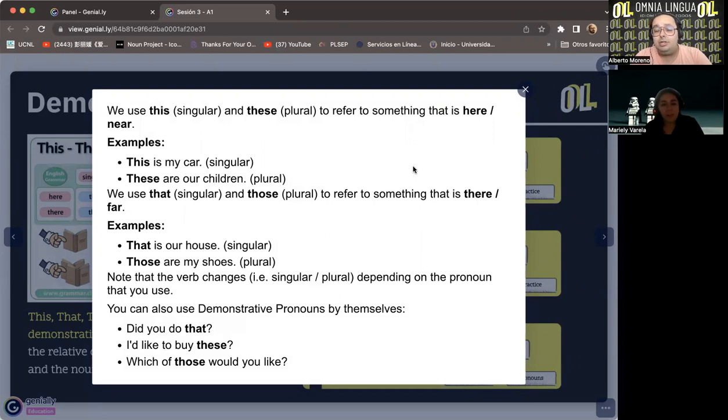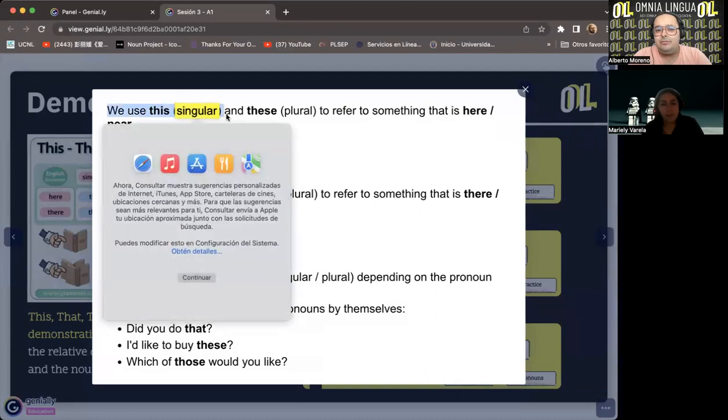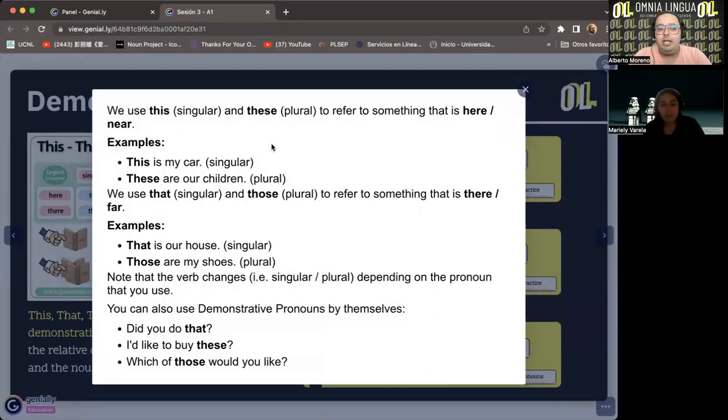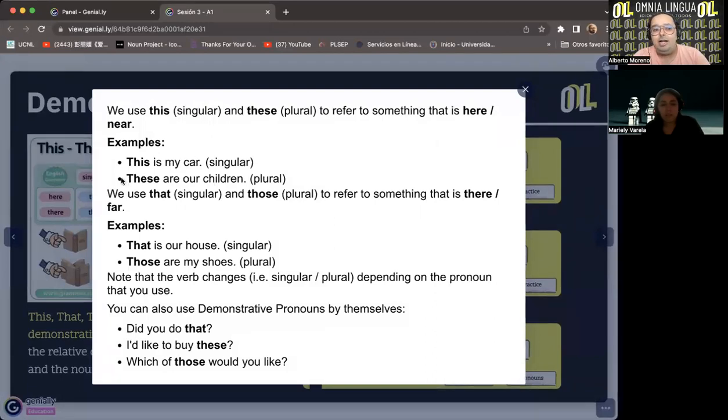And these are used in order to avoid repetition. For example, we use this for singular and these for plural to refer to something that is here or near. For example, this is my car, these are our children. Something that is far, that is our house, those are my shoes.